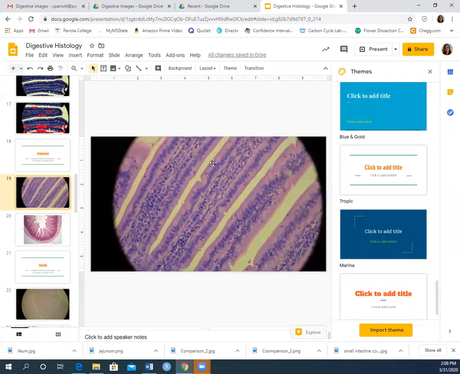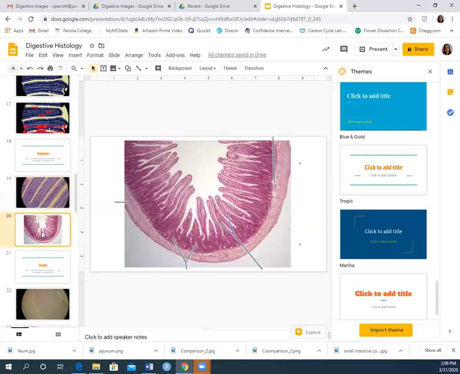So here you're seeing the large plica circularis fingers, and you'll see that it's simple columnar, but it's much neater looking than the duodenum was. Can you see that? Those nuclei are much more in a row, and they're not as broken up with mucus cells as the duodenum was.